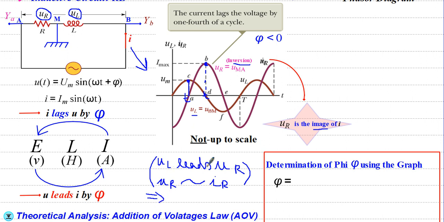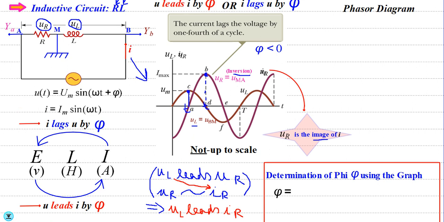If U of L leads U of R, and U of R is the image of i of R, this means that U of L leads i of R, because U of R is the image of i of R.